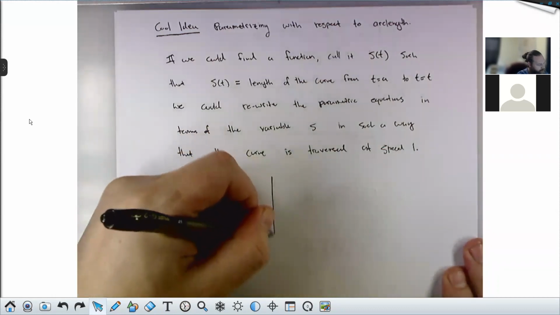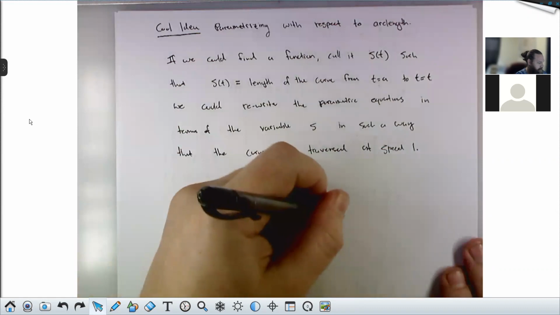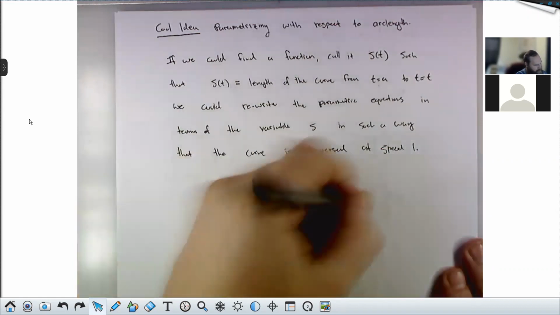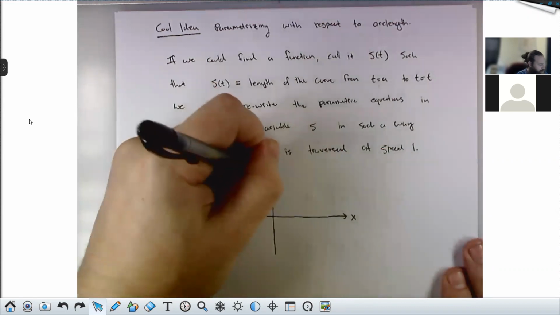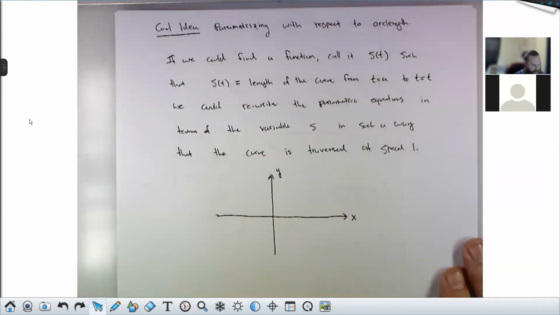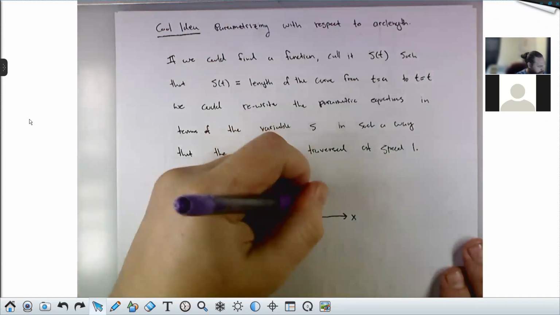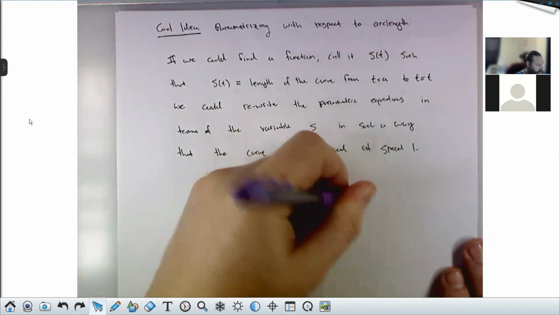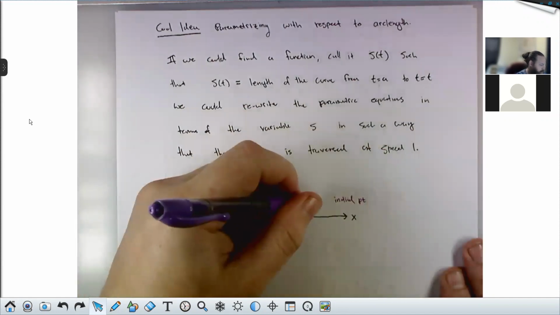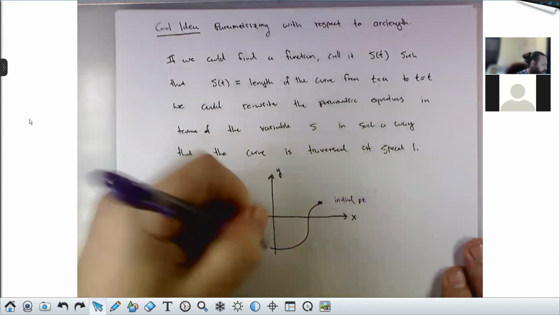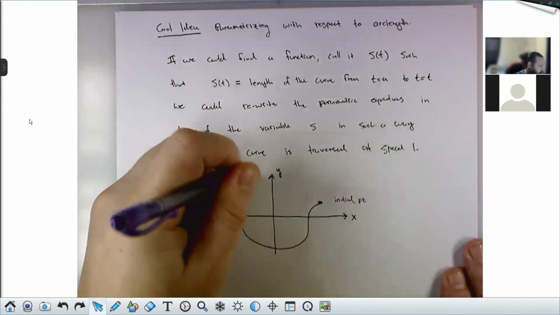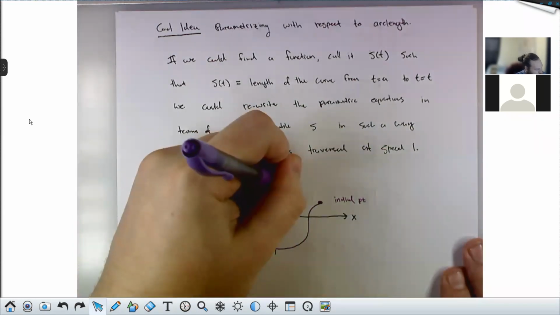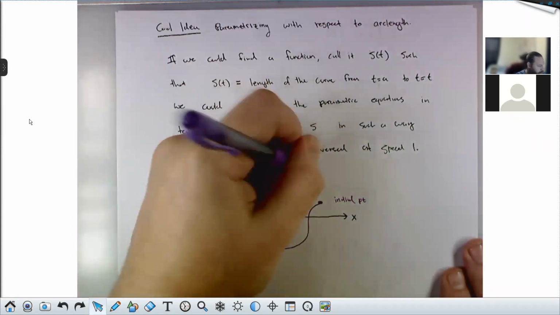There's a picture here, so I'm going to describe this as well as I can. I won't make you do any calculations, but I do want you to think along with me just a tiny bit. So maybe here's my initial point, and maybe here's my terminal point.